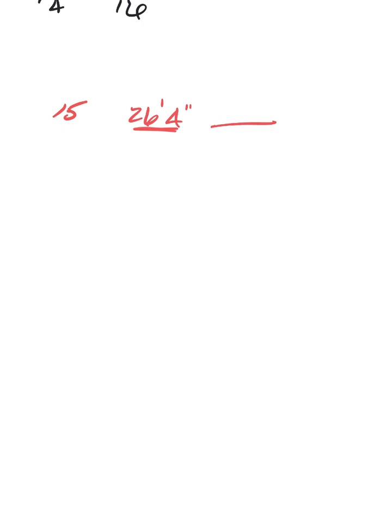If you want to change this to a decimal, it would be 26, and then inches is always going to be 4 over 12. So whatever number this is, divided by how many inches are in a foot. So this number will always be 12. So 4 over 12 is the same as, if you were to reduce that, 4 goes into 4 once, 4 goes into 12 3 times.